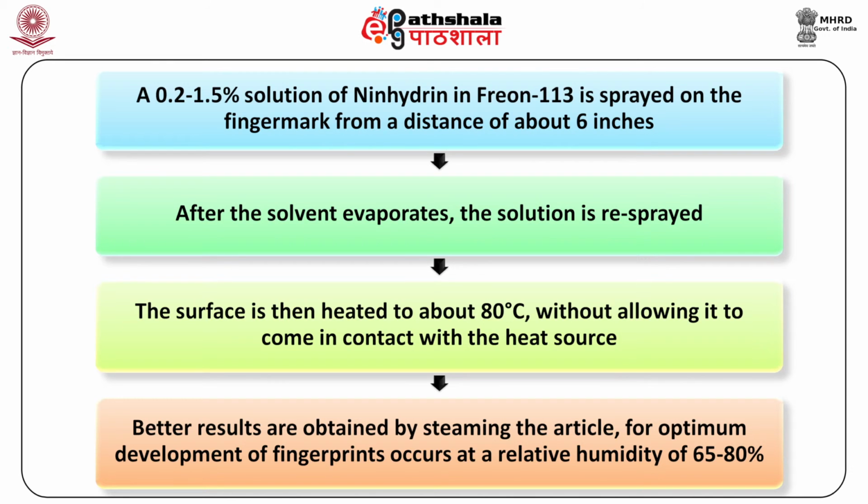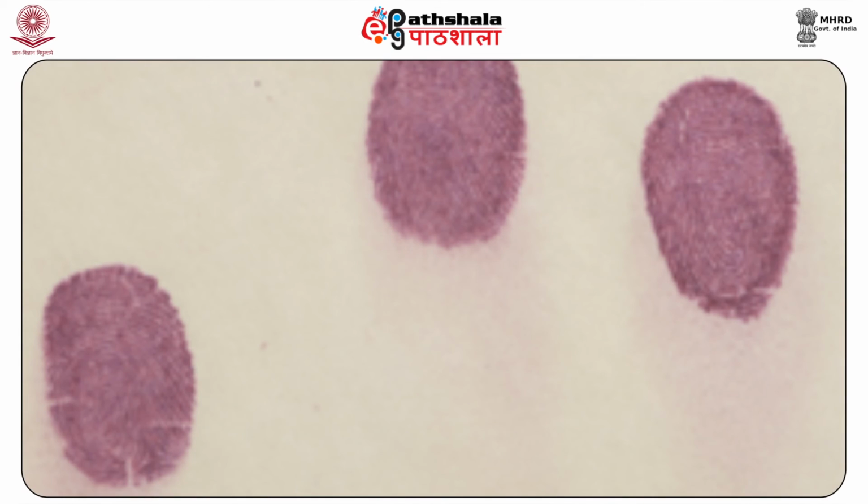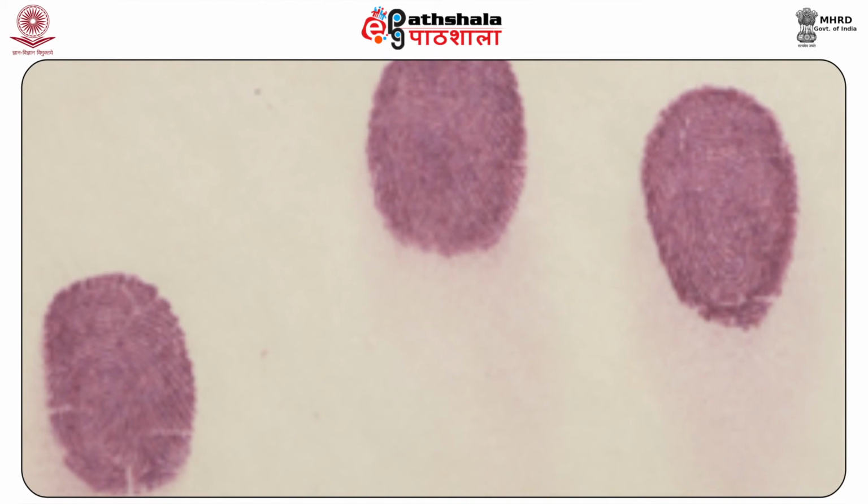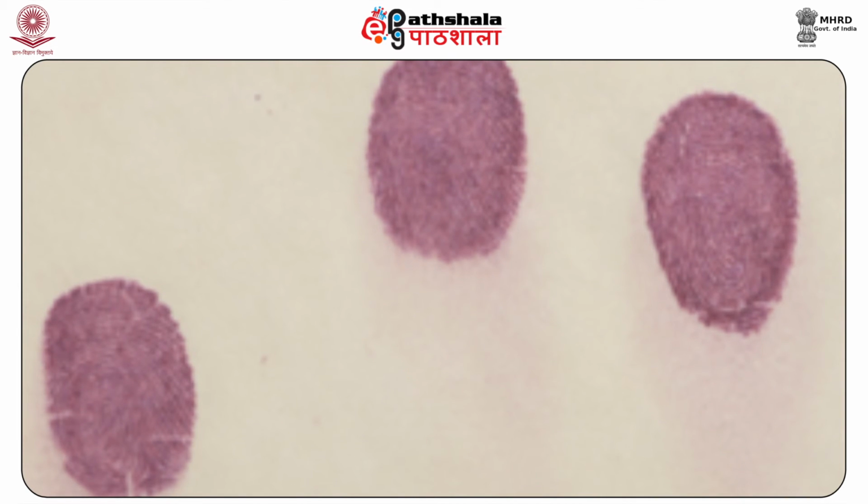The surface is then heated to about 80 degrees Celsius without allowing it to come in contact with the heat source. Better results are obtained by steaming the article, as optimum development of fingerprints occurs at a relative humidity of 65 to 80%. The ninhydrin method makes it possible to develop fingerprints that are many years old.